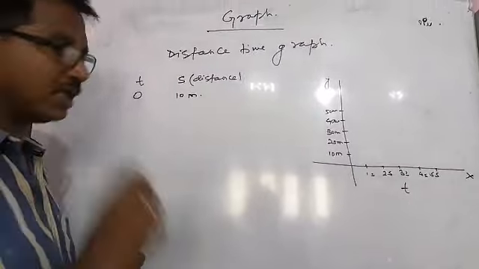Here. 3, 40, where do you get the point? Here. So which type of line do you get? A straight line, right? So therefore we get a straight line.